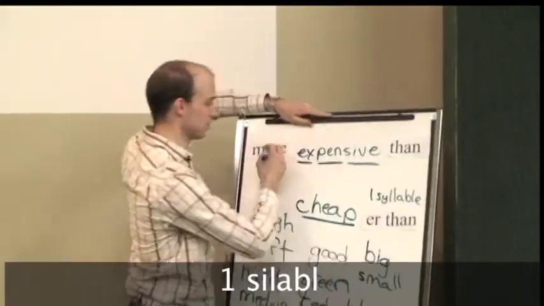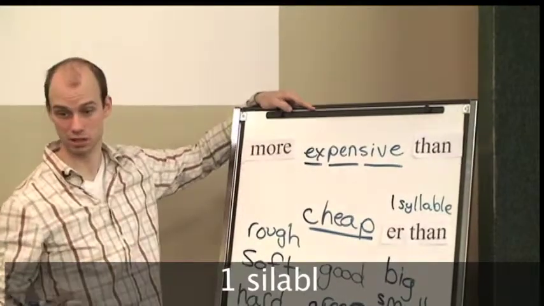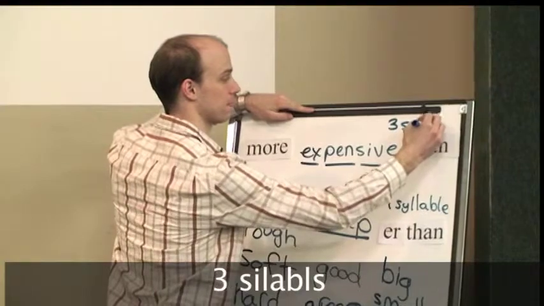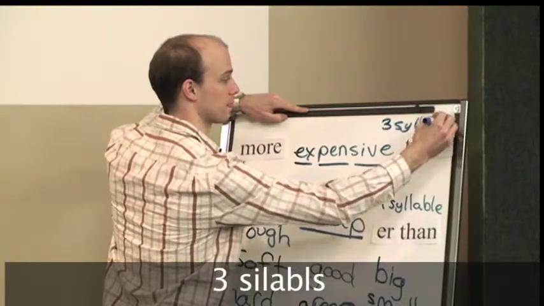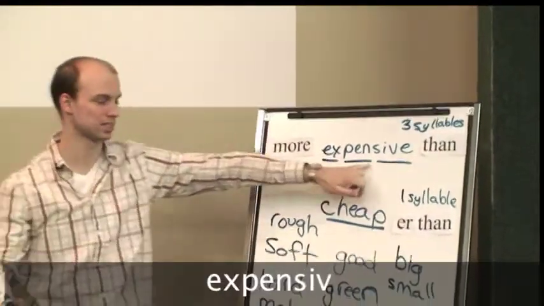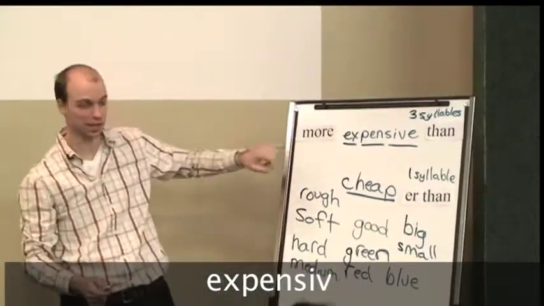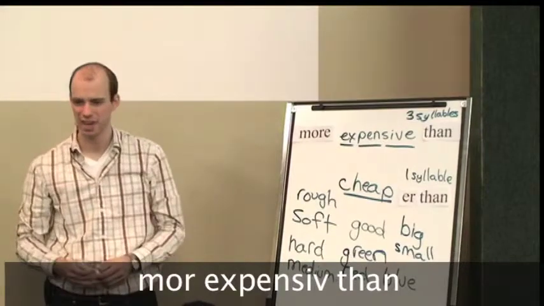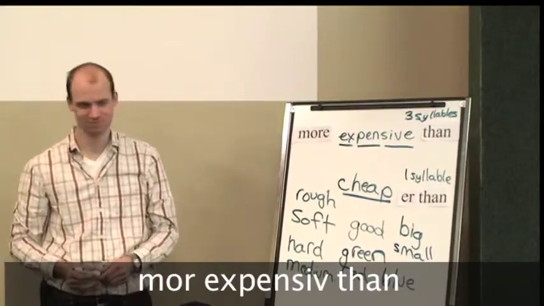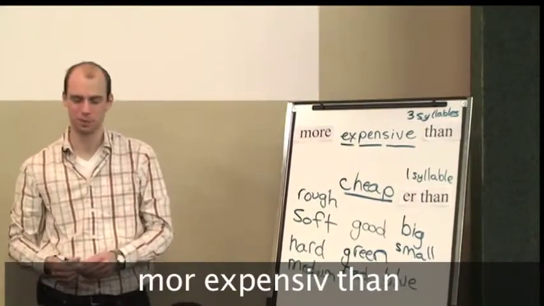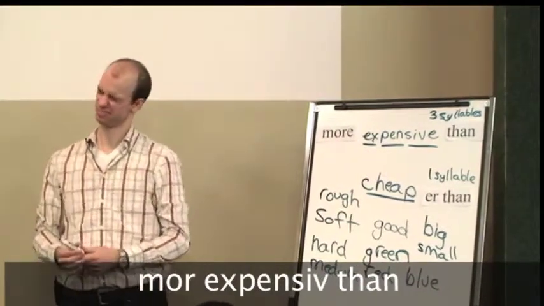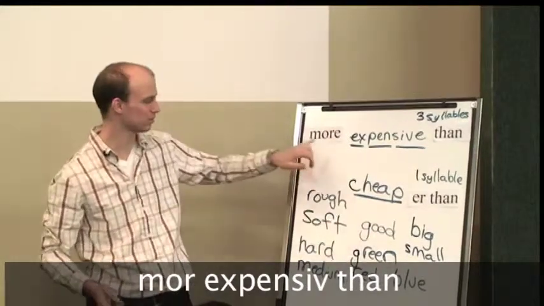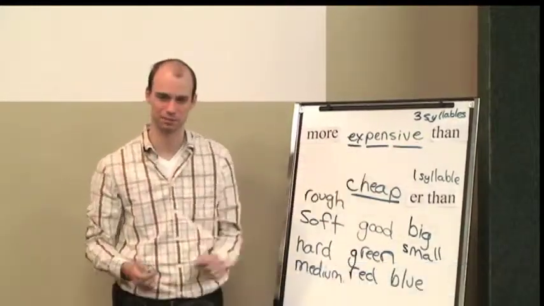And usually for expensive, it's 3 syllables. So a word like expensive, you have to say more expensive than. Because if you say expensiver, people that speak English all the time kind of look at you funny. So you can't say expensiver than, you have to say more expensive than.